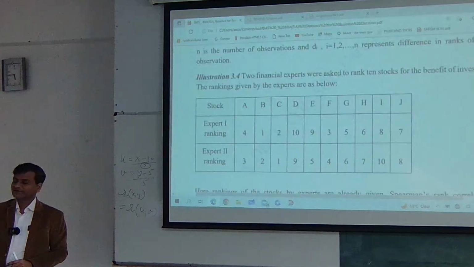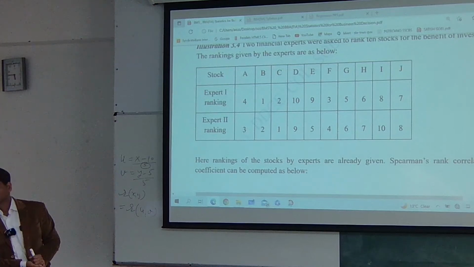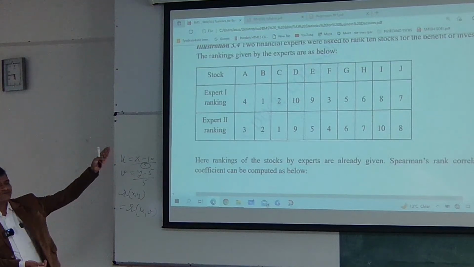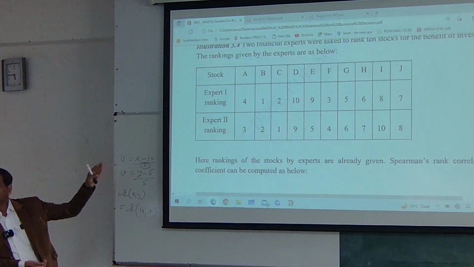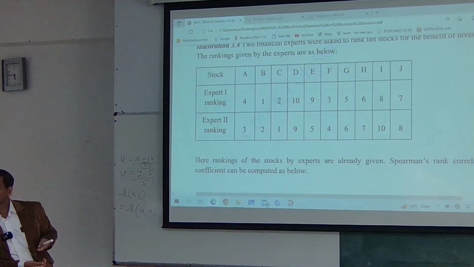So for example, you can say there are 10 records, 10 stocks, and there are two experts who rate them. Expert one rates B as the first one, the best one. C would be the second rank, and so on. Similarly, expert two's ranks are different.